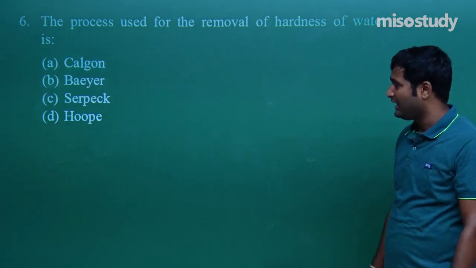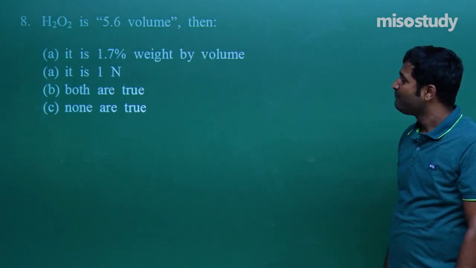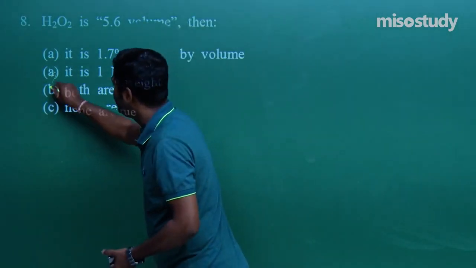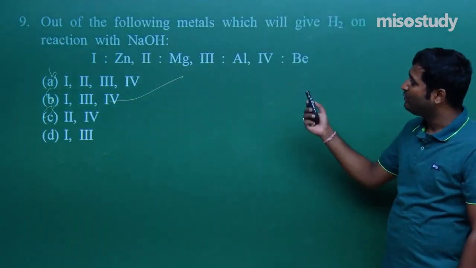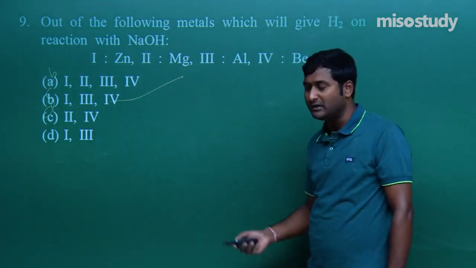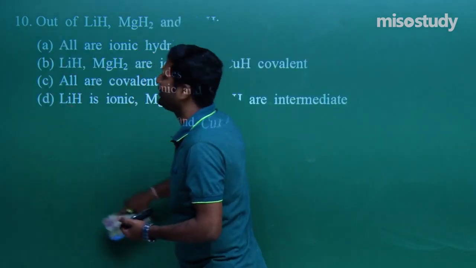Then sir, Calgon, A option, okay. Now this one, sir, A option, that's good. Smart work. Now this one, sir, this one is A, B, C and D. Sir, C option. Okay friend, that's good. Now tell me which one. Sir, as you told, 1, 3 and 4. Sir, B option. Okay friend. Now this one, tell me. Sir, D option.